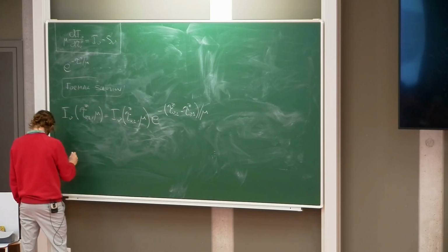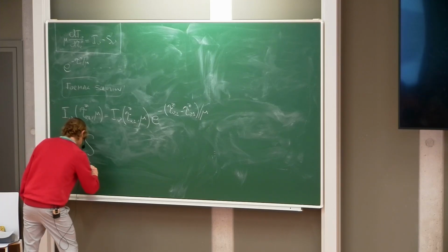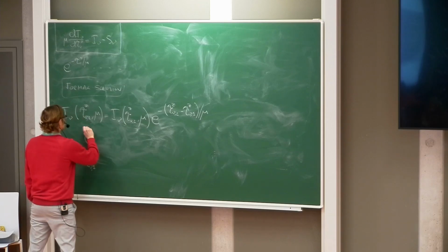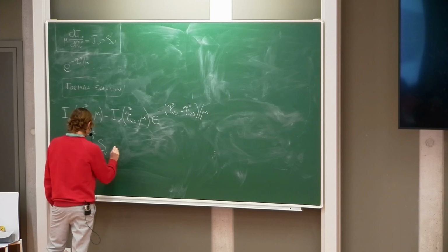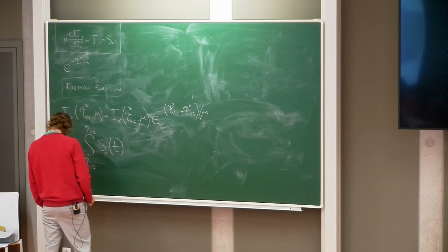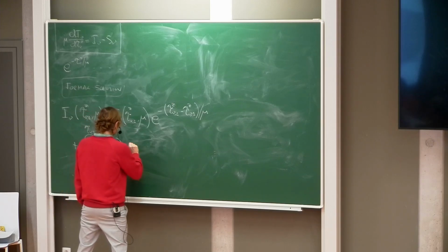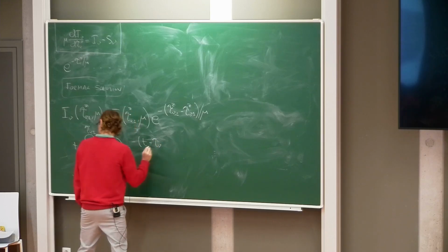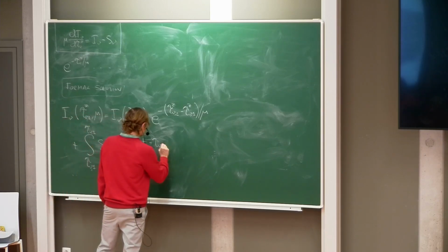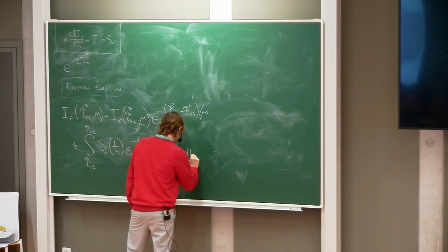Then we have to add the source function part to this. We have not assumed now that this source function is constant as we did for the homogeneous slab. So we're going to have to keep it inside the integral: the integral of S nu of t times e to the minus t minus tau nu 1 divided by mu, dt divided by mu.